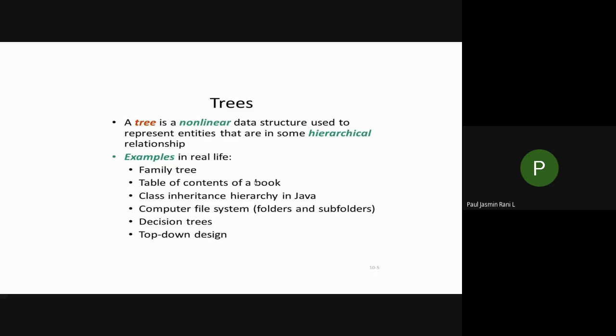How can we define the tree data structure? A tree is a non-linear data structure which is used to represent data in a hierarchical form. In real life, where we use this tree data structure is the family tree.